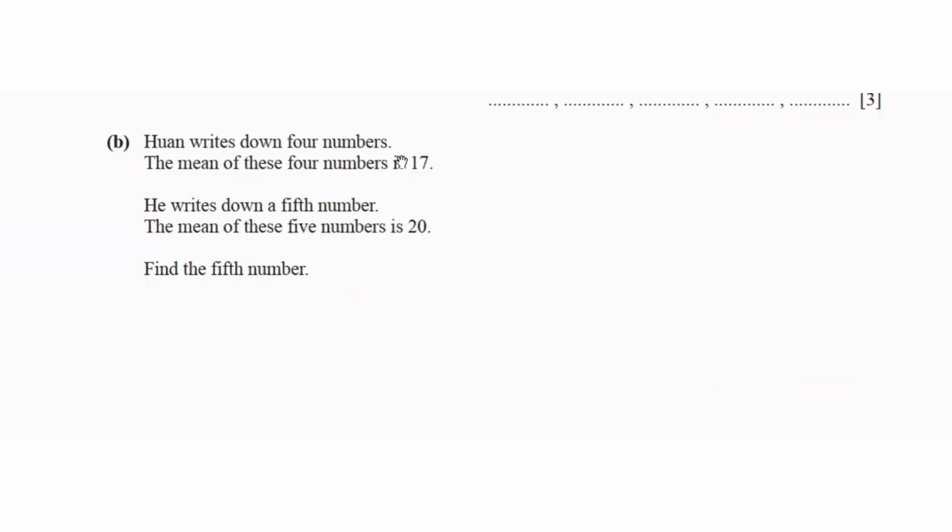Juan writes down 4 numbers. The mean of these 4 numbers is 17. He writes down a 5th number, and the mean of these 5 numbers is 20. Find the fifth number.